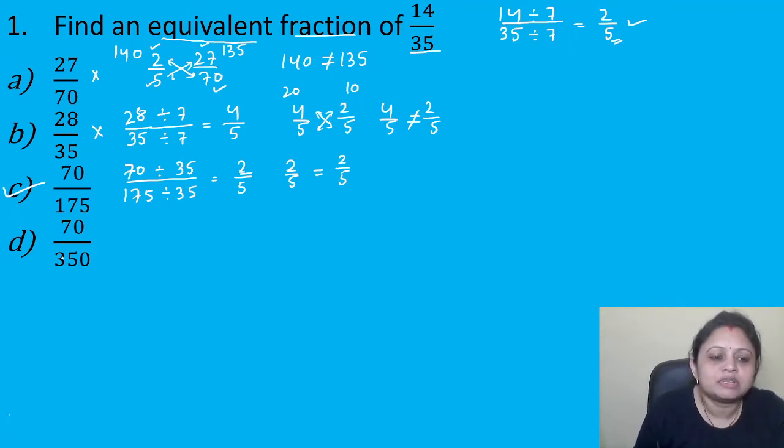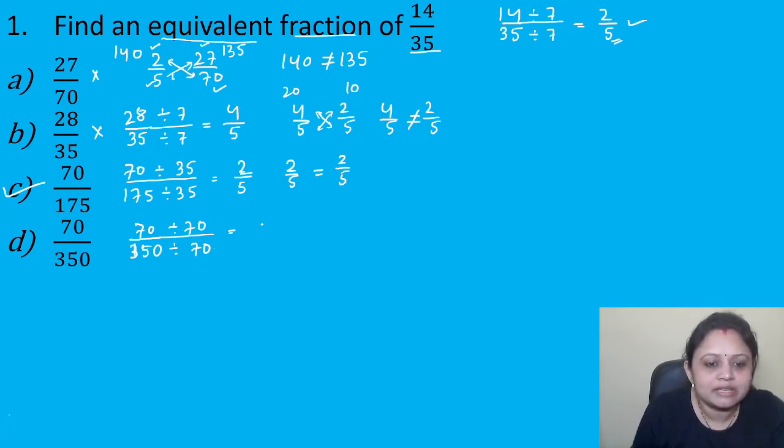Coming to the last option, 70 by 350. If we try to find the HCF of 70 and 350, it will be 70 only. So when we divide 70 by 70 and 350 by 70, it will be 1 by 5.